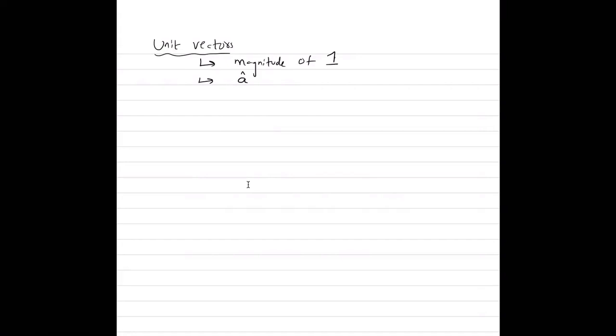To find the unit displacement vector for a particular direction, you find the magnitude of that vector and divide the vector by its magnitude. So for example, if there is a vector p that has x component, y component, z component, to find p hat, you first find the magnitude of the vector p, that is simply square root of x square plus y square plus z square. Then you divide each component by the magnitude.